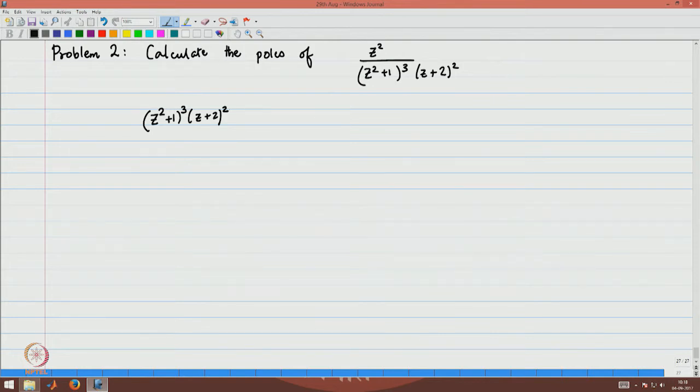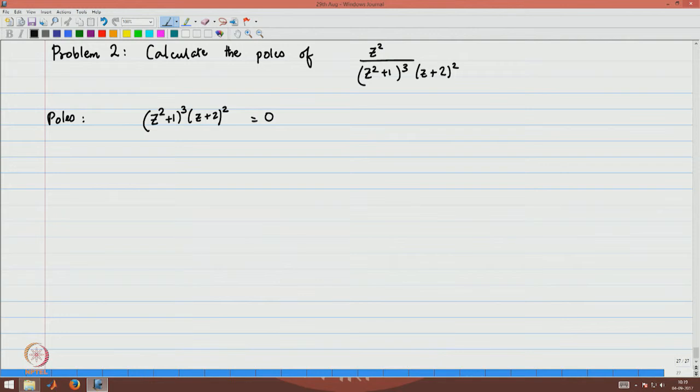The zeros are at z equal to 0. The numerator going to 0 will give you the zero of the function. So poles are at these points.